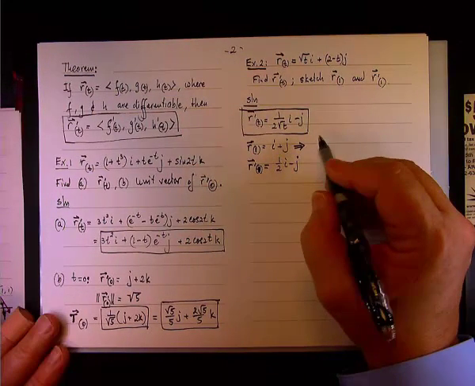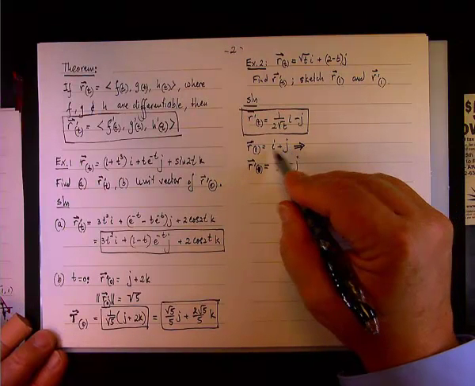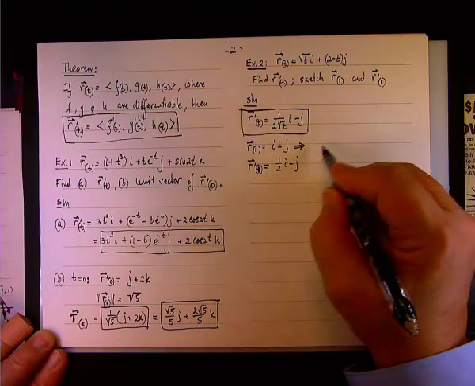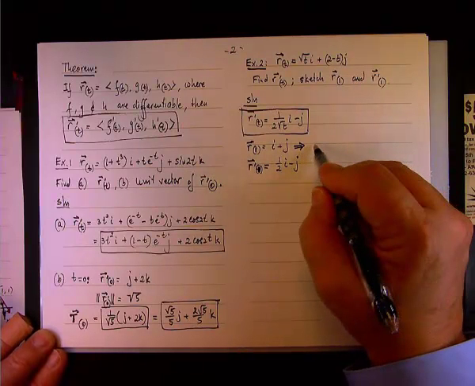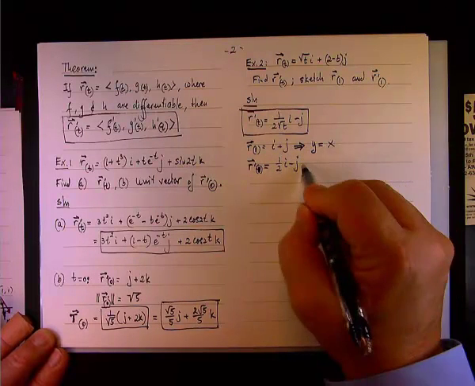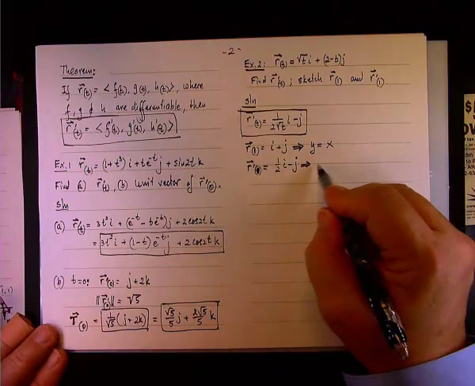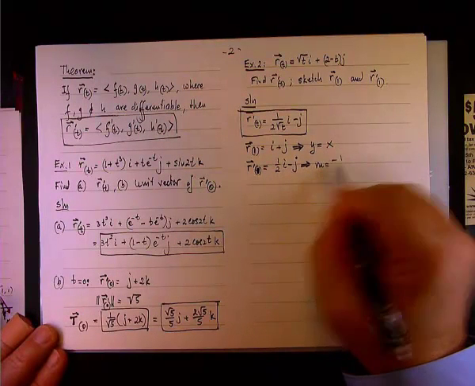But r by itself is the position vector. So we can say that the slope in this case will be 1, because the j value and the i value are both 1, so delta y over delta x is 1. So we have the line y equals x.